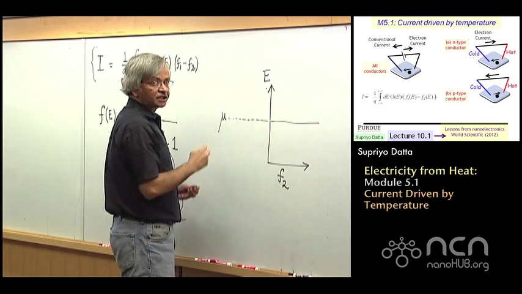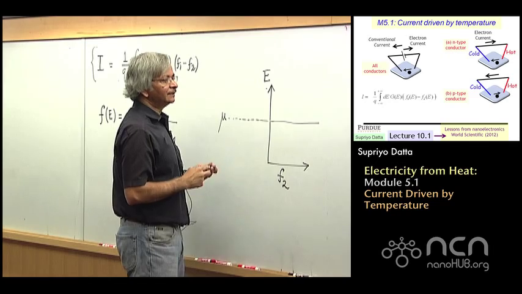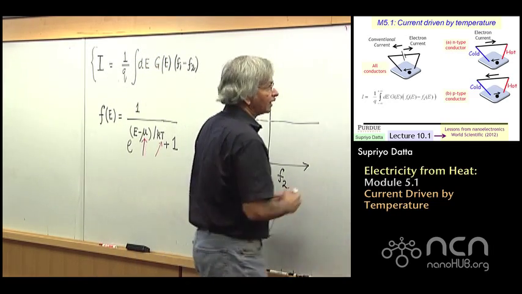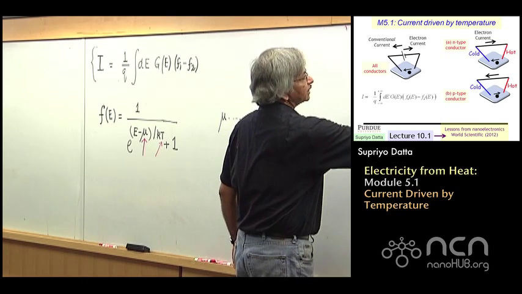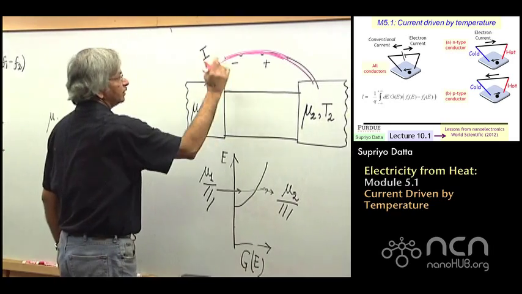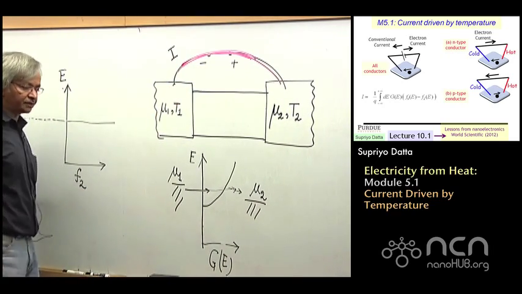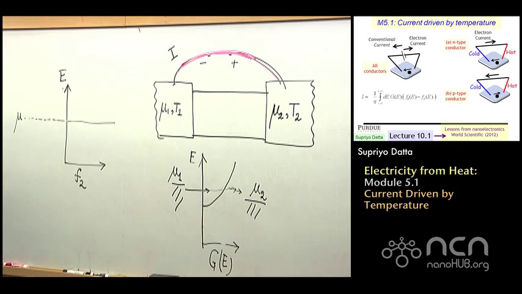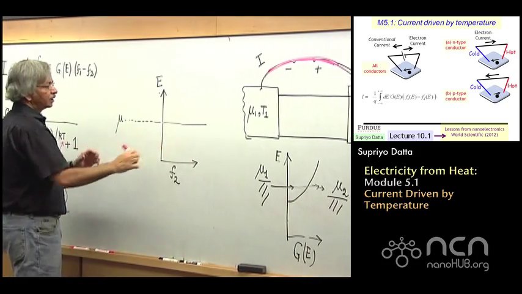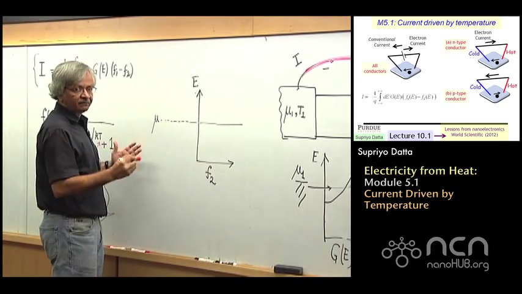And for this discussion, we are assuming that there is no external voltage source. So both contacts are held at the same potential. So it's like you have connected a wire and you're asking what current will flow in the external circuit. See? So it's the same chemical potential all along, but now on contact 2, it's, let's say, very cold.